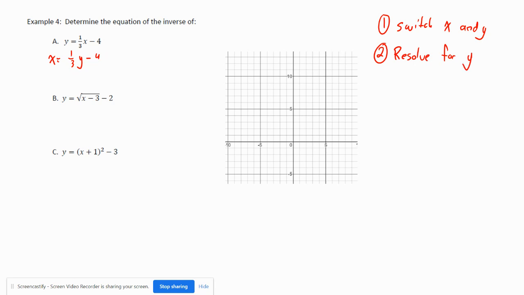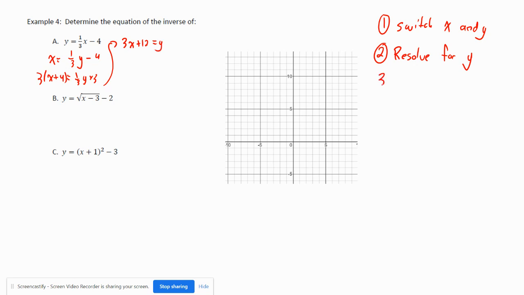Okay, so my second step is going to be to resolve for y. So resolving for y, I'm going to add a 4 to both sides, and then I'm going to multiply by 3. And I get 3x plus 12 equals y.